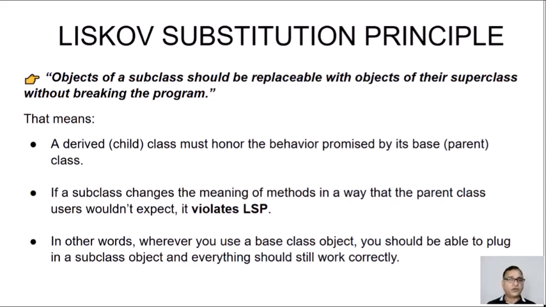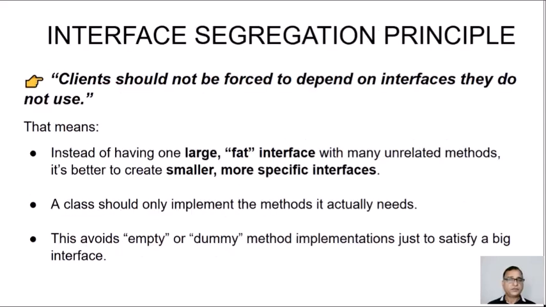Coming to the fourth principle, the interface segregation principle. It is very similar to the single responsibility principle: interfaces should not be made very big. Interfaces should contain only closely related methods which function together and complement each other for a specific functionality.